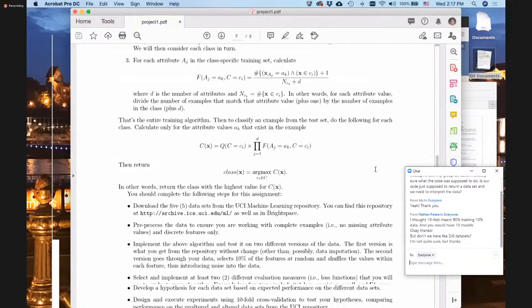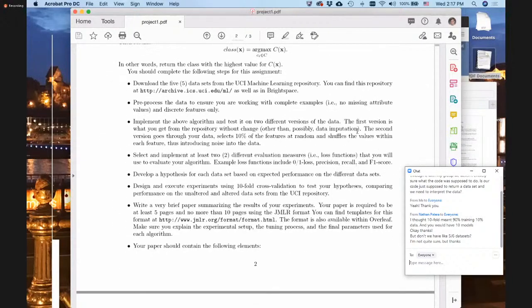When we look down here, this talks about 2 different versions of these data sets. The first one is just the 5 that you get off of the repository or out of Brightspace, however you get them. But then this is the thing that is describing how you will alter those data sets. So you go through, select 10% of the features at random and shuffle the values.